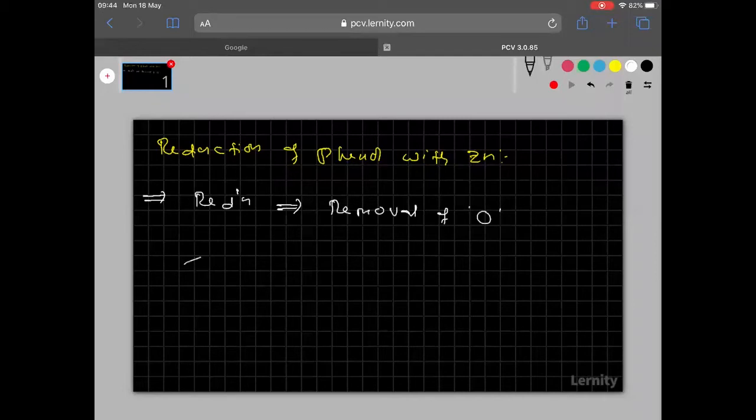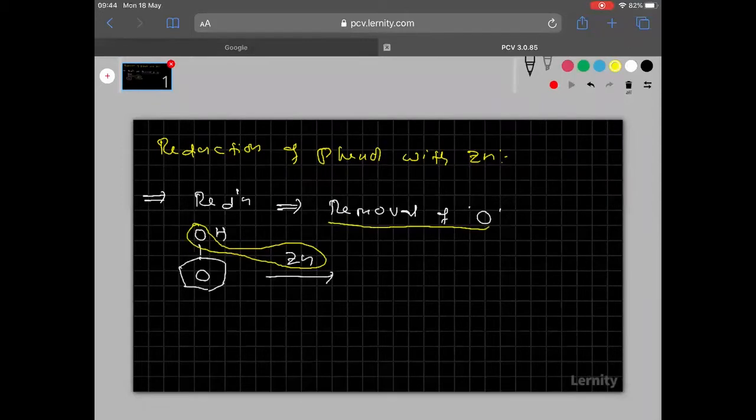So now what happens? See clearly, everyone knows. This is the phenol. When phenol undergoes reduction with zinc, zinc will remove this oxygen, because removal of oxygen is called what? Reduction. Are you following? Then what is left over here? You see clearly, benzene, and the byproduct formed is zinc oxide.